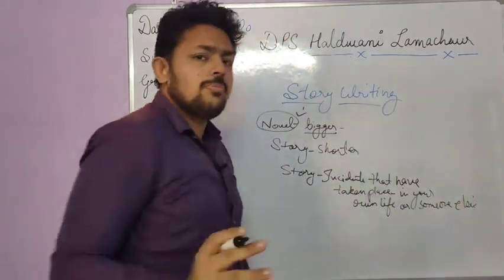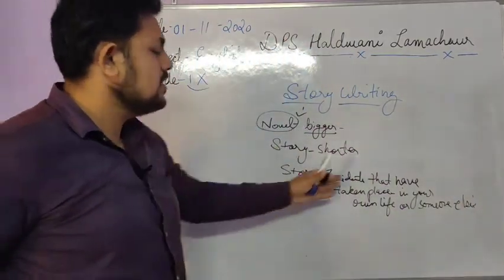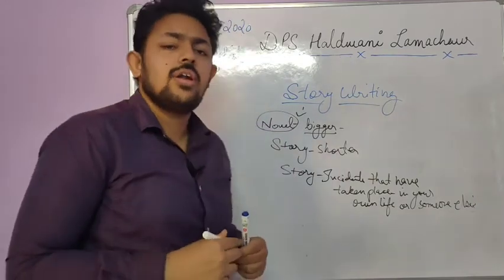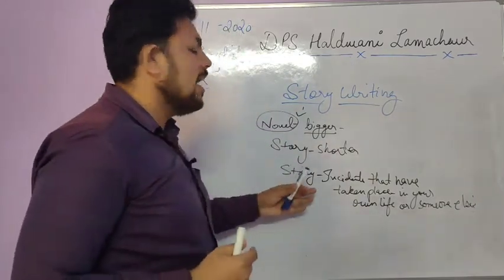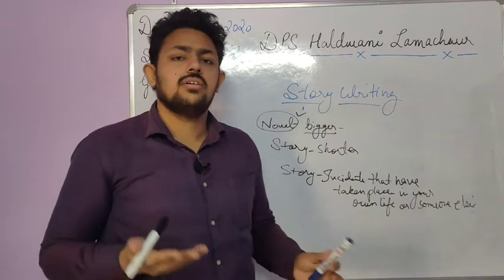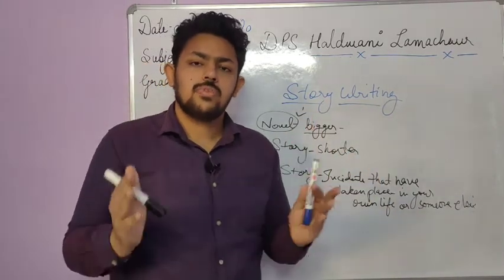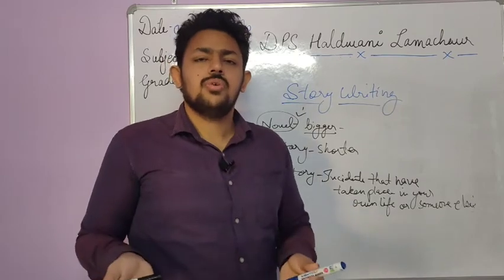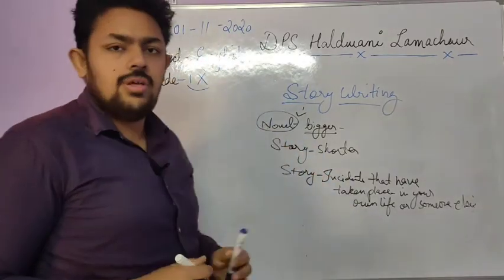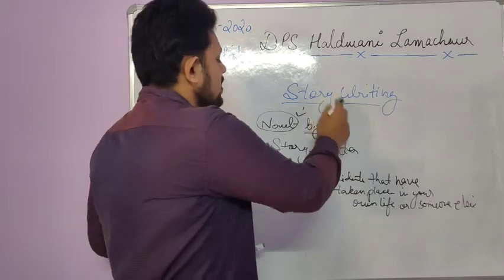Okay, don't get bored, it is very easy. Story is the incidents that have happened in your life or someone else's life, and you put them together like the meaning of writing. You put them together on a piece of paper, you write them, or digitally you can write them, then it becomes a story. So this is what story is about.